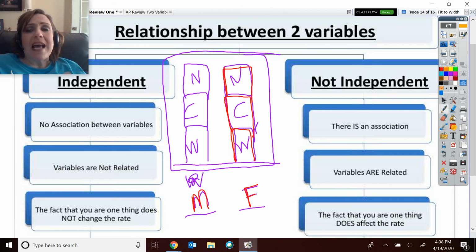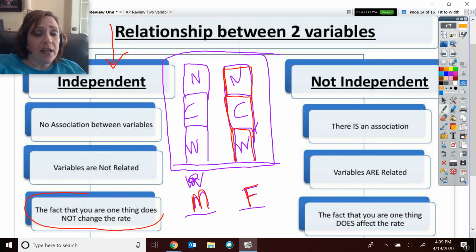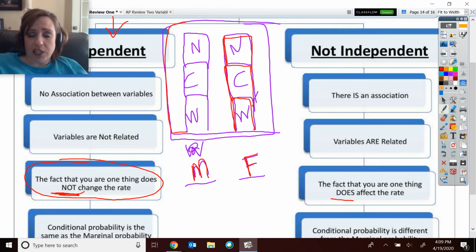So that's where this would come into play. They are independent because the variables are not related. The fact that you are a male or female does not change the rate at which you do your Super Bowl activity. Okay? And over here, it does change the rate.